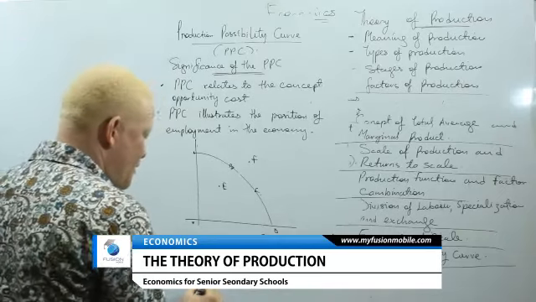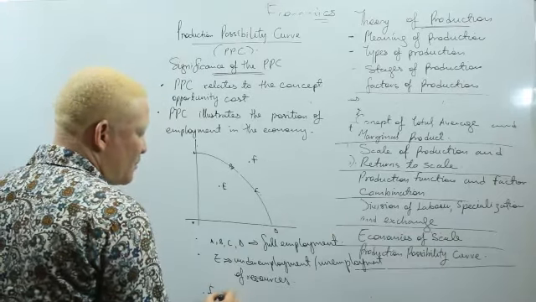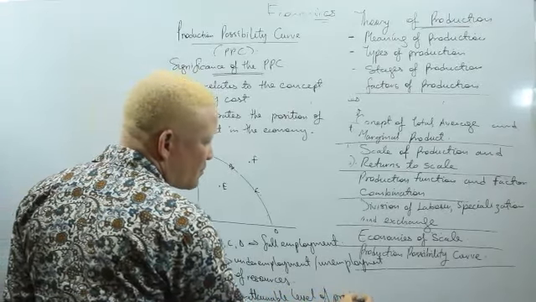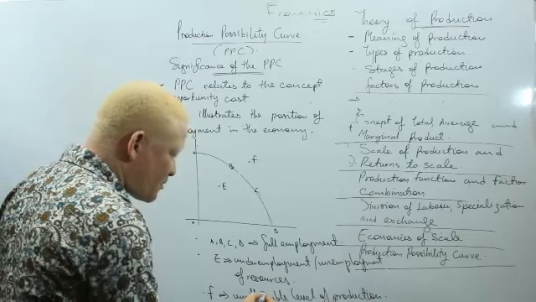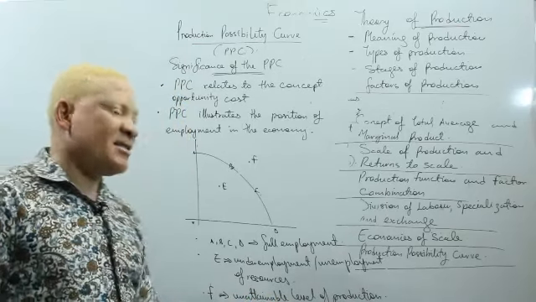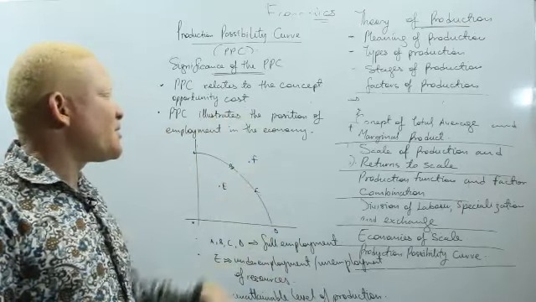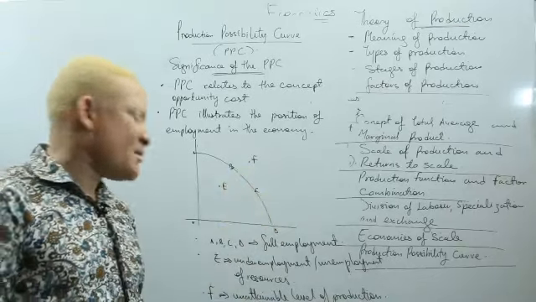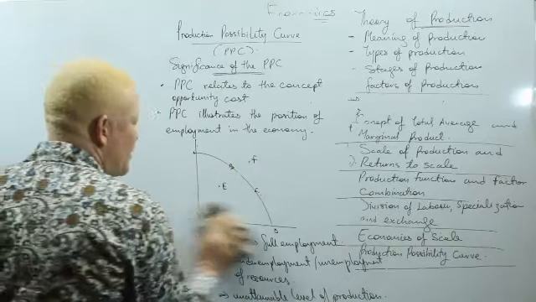Then at point F, it means the unattainable level of production. These are the significances of the point. That is how it illustrates full employment, underemployment, and a case of unattainable level of production.